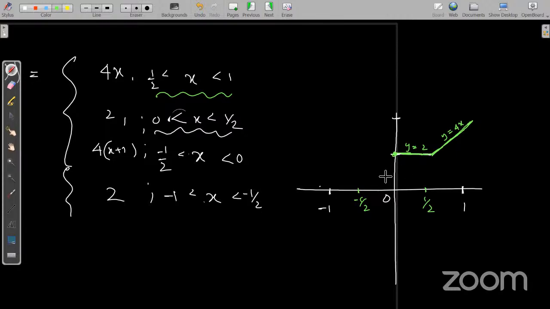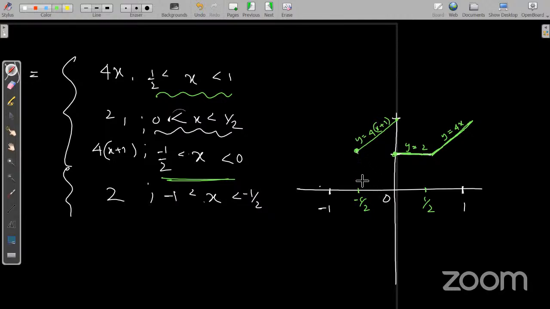Okay, fine. Now for minus 1/2 to 0, 4 into x plus 1, the graph will be like this. Y is equal to 4 into x plus 1, and x plus 1 means the graph shifts 1 unit backward. Okay?